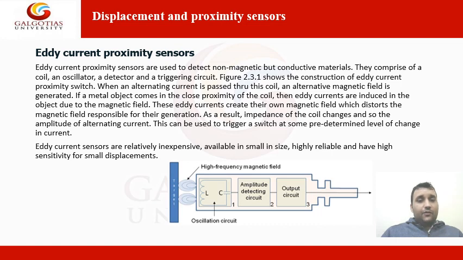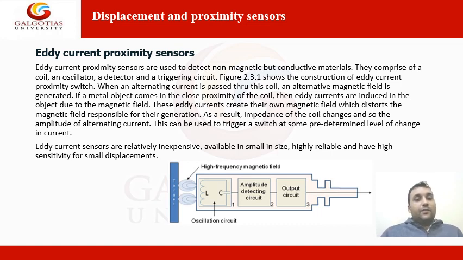Proximity sensors are used for measuring the presence of non-magnetic but conductive materials. So the first type of proximity sensors are eddy current proximity sensors.